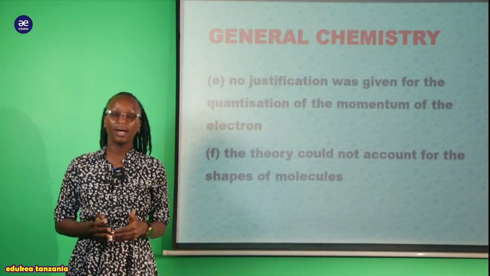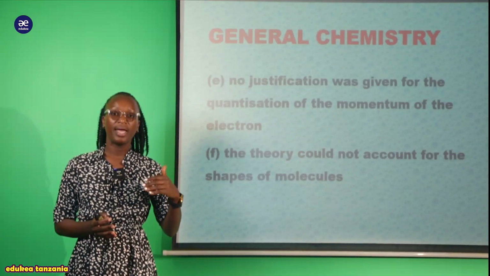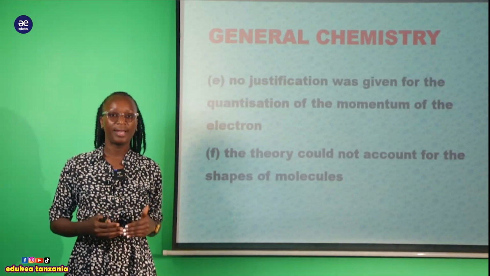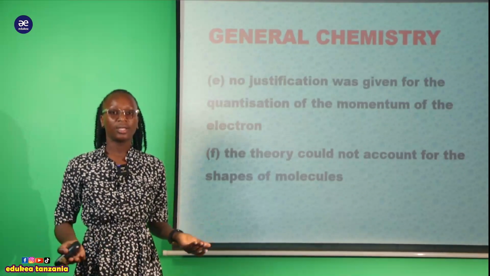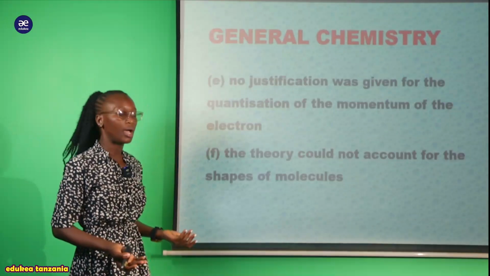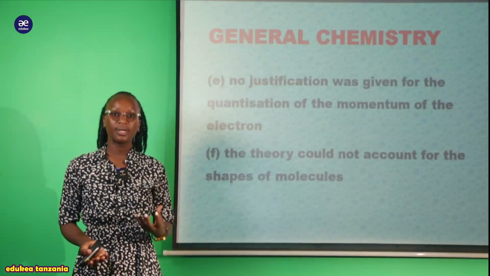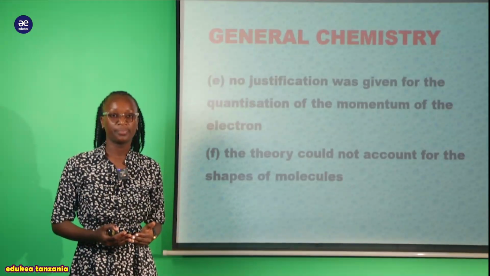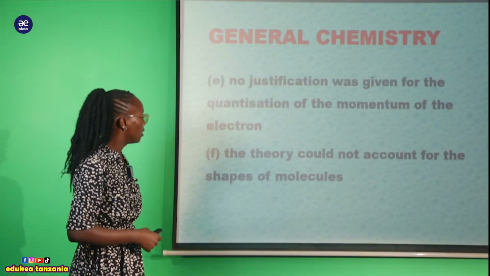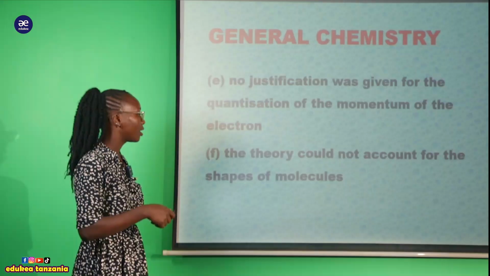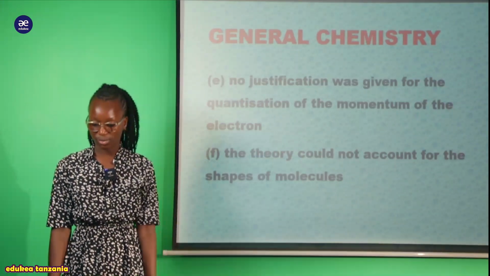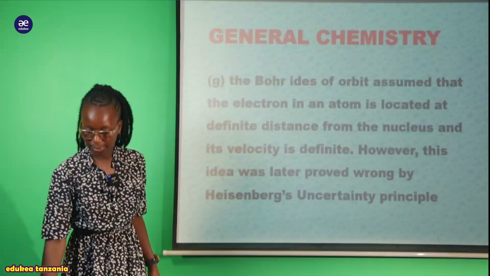Tukaona ile formula mvr is equal to nh over 2 pi, lakini hatukuambiwa kwa nini. Akasema n ni quantum number, but he didn't explain at all. But also another is the theory could not account for the shape of the molecule. Hajaelezea wala hajaongelea kuhusiana na shape of the molecule.